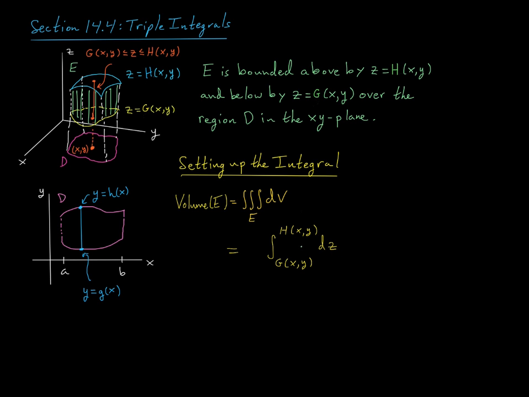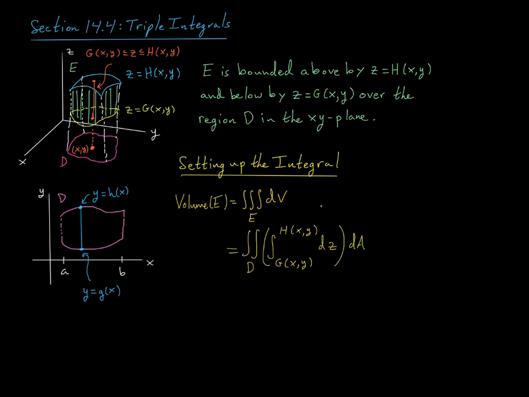Okay, and now what am I going to do from there? I'm going to let x and y vary over the region D. So in other words, I'm going to compute the double integral over my region D, and I'm going to have a dA out here. Okay, so a couple comments here.